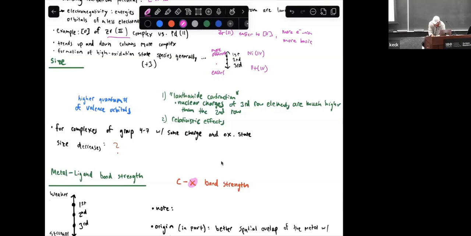So let's do the first one, first row versus second. What do you think? Which has bigger atomic radius? Second row, okay? Now let's compare second and third row.